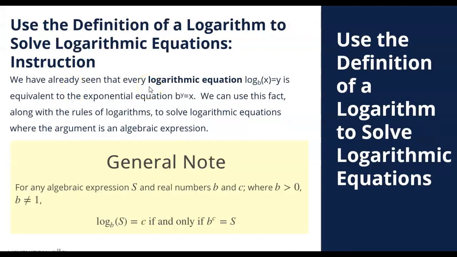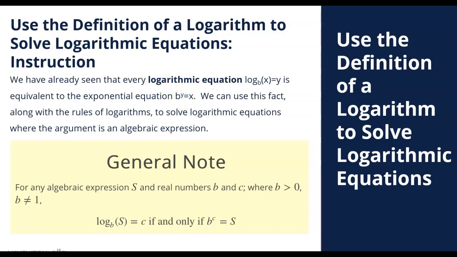We have already seen that every logarithmic equation, log of x base b equal to y, is equivalent to the exponential equation b to the y equal to x. So we can use this fact along with the rules of logarithms to solve logarithmic equations where the argument is an algebraic expression.